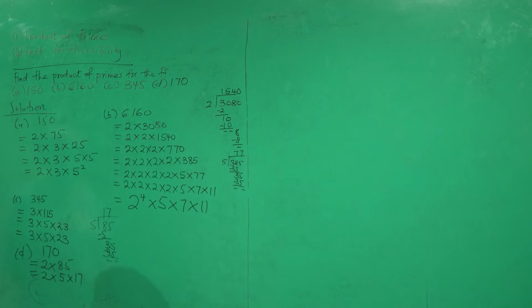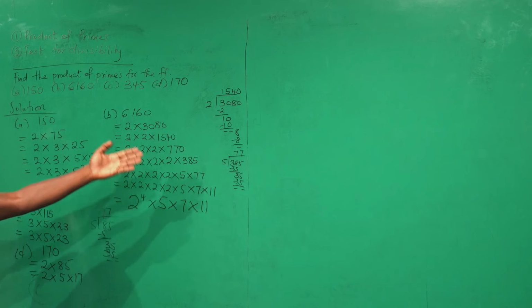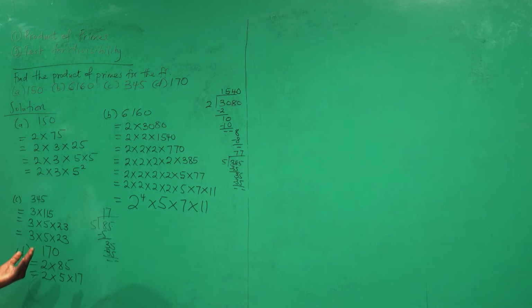Now, we are going to the next one. Test for divisibility. So as we are using our long division to get our factors for the prime numbers, that's what we do.